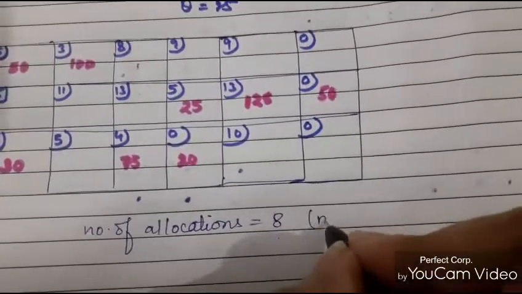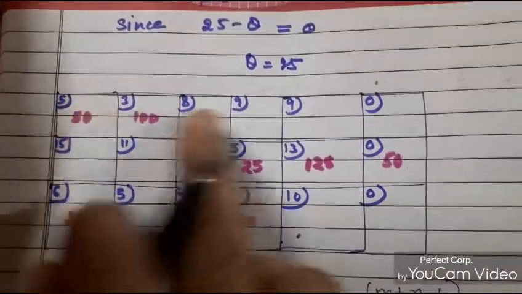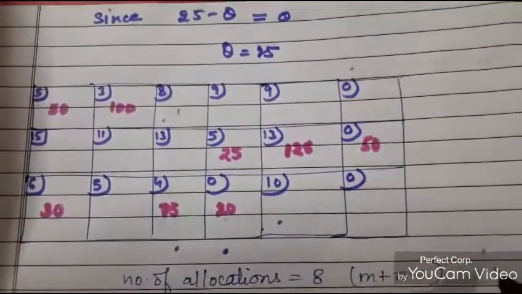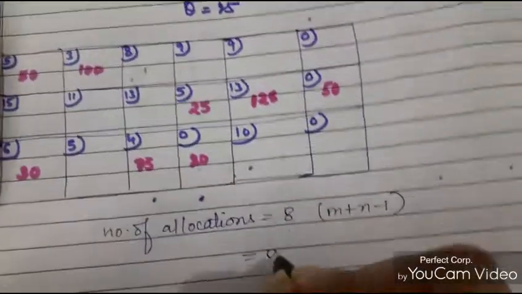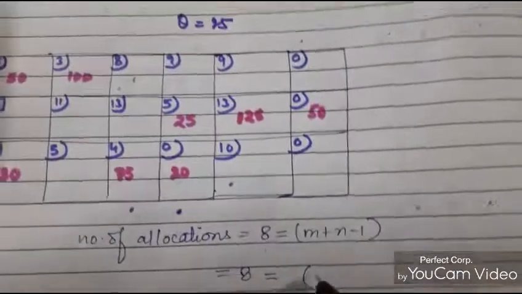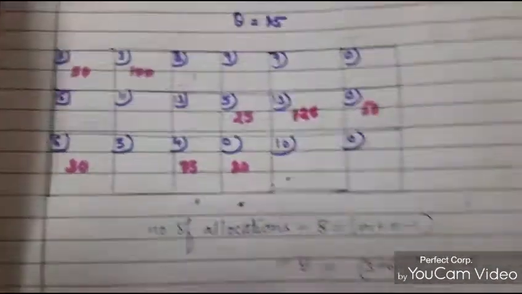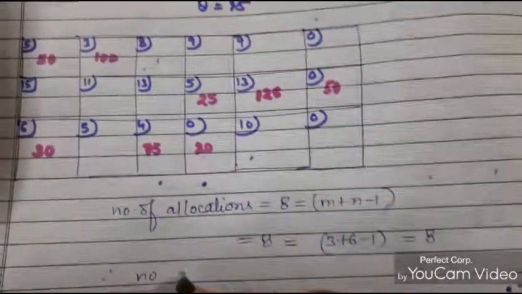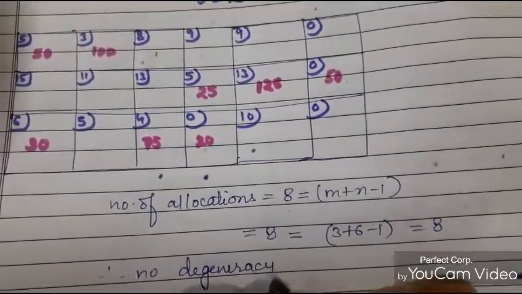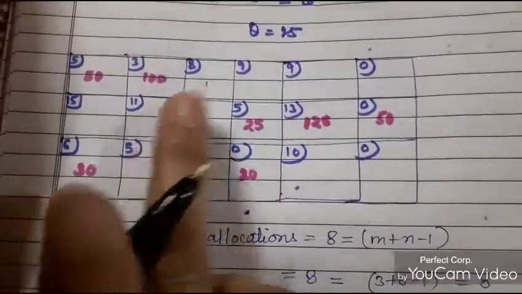And on checking m plus n minus 1, that means 3 rows and 6 columns, so 8 should equal m plus n minus 1, 3 plus 6 minus 1. So there is no degeneracy obtained. So let's start calculating the ui and vj again from the obtained solution.